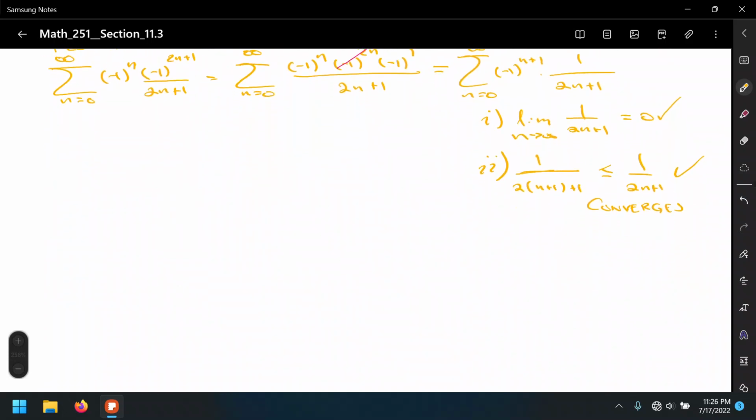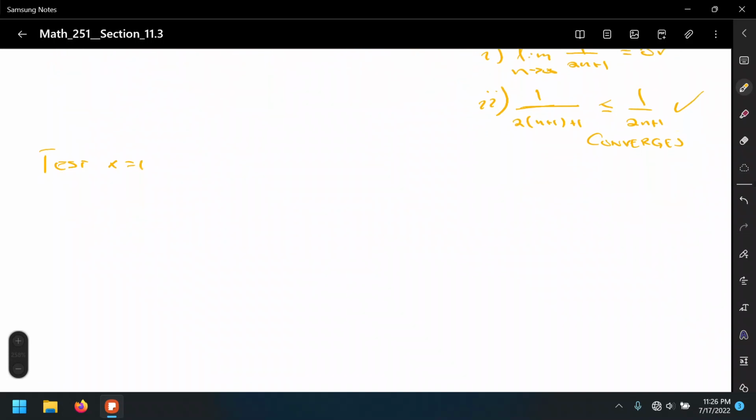All right, let's test x equals 1. When we test x equals 1, what are we going to have? Sigma n equals 0 to infinity of (-1)^n times 1^(2n+1) over 2n+1.